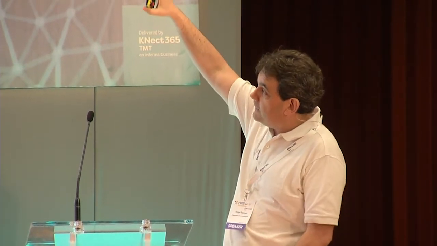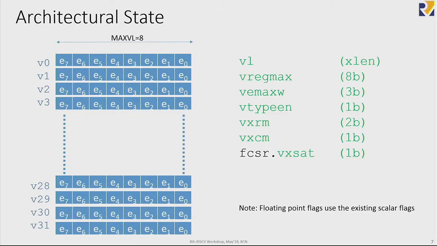And then in green, we have the new control state. No changes. The vector length register is still there, and it's still XLEN, and it still controls all operations that are vector. And then regmax and emax. Regmax, when you configure the machine, says I only want to use 16 registers, so regmax is going to have the number 15, actually 16 minus 1, or 31 for 32 registers.